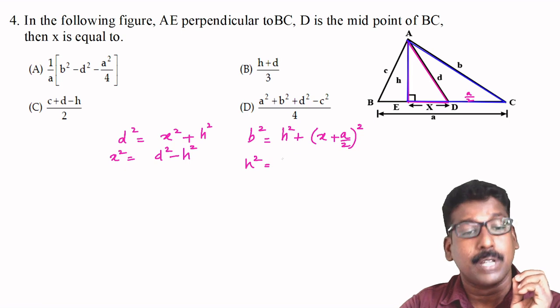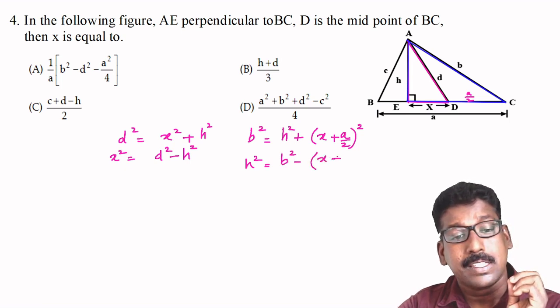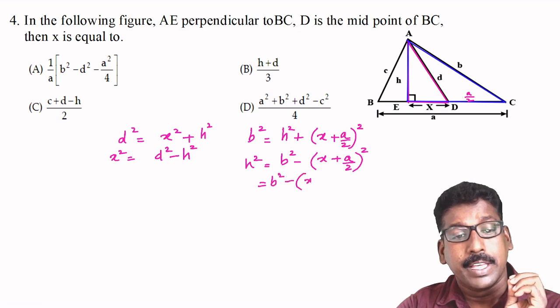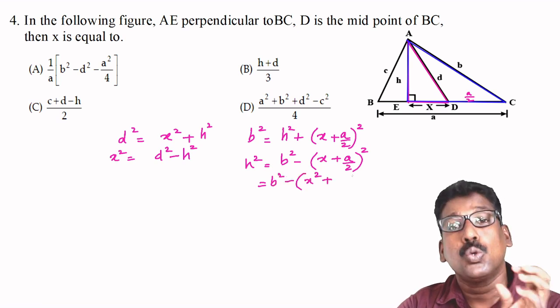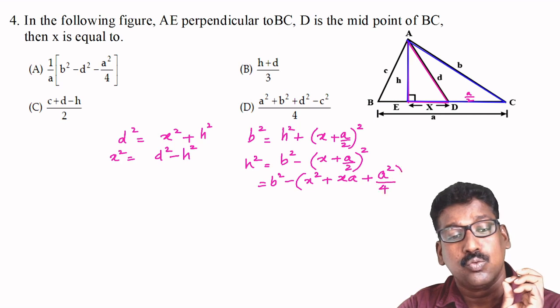h square you can write as b square minus x plus a by 2 the whole square, which is equal to b square minus x square plus 2 into x into a by 2, that is ax, plus a by 2 whole square, which is a square by 4.